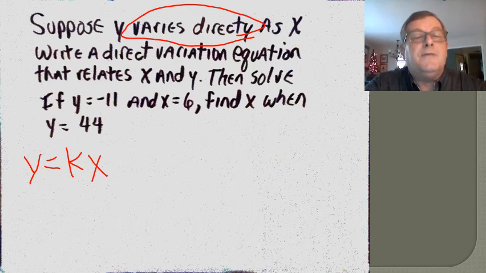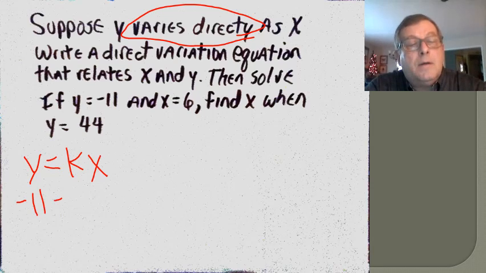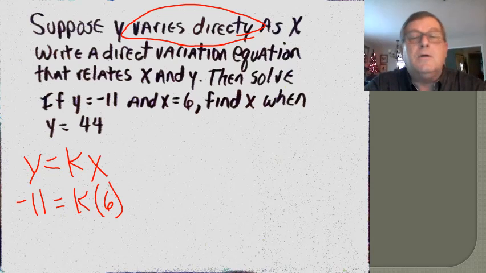So let's see, if y equals negative 11, let's substitute negative 11 in here for y, equals k, and x equals 6. I'm going to go ahead and put it in parentheses so we can see it easier. Okay, now I should be able to write my direct variation equation.